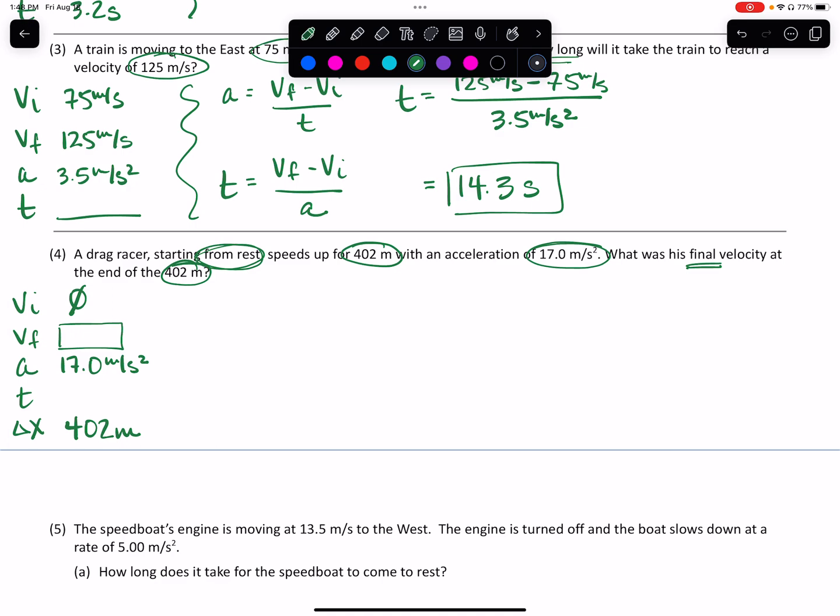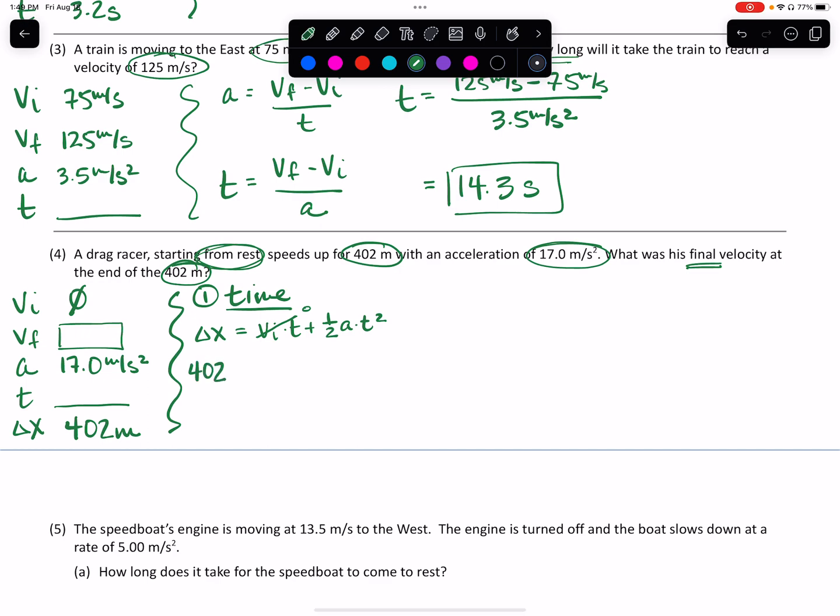Now, this one's a little tricky because we are actually missing a piece of information. We don't know the time. So the first thing we're going to try and figure out is the time. How long was this acceleration? To do that, I'm going to use my change in position is equal to v initial times time plus 1/2 acceleration times time squared. This is handy because the initial velocity is 0, so that first bit goes away.